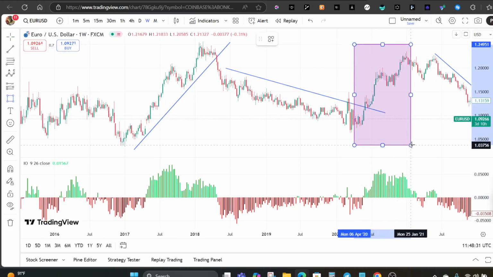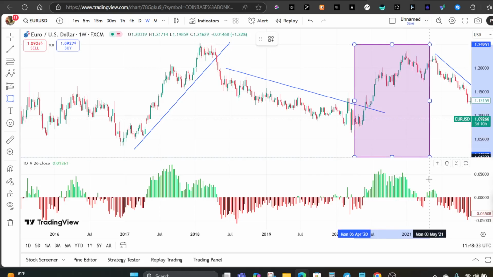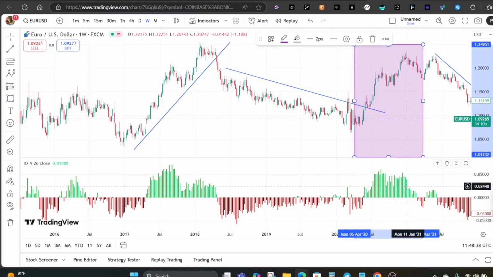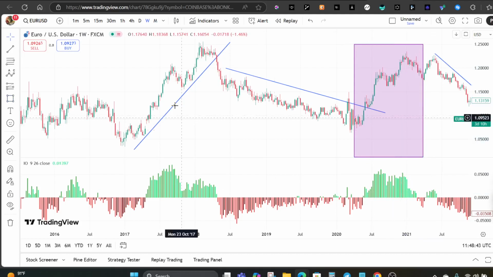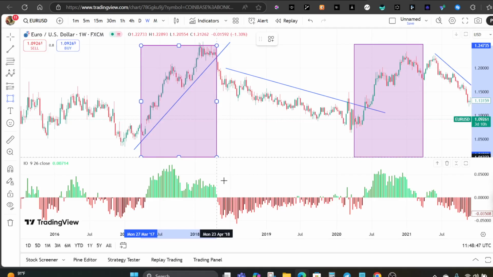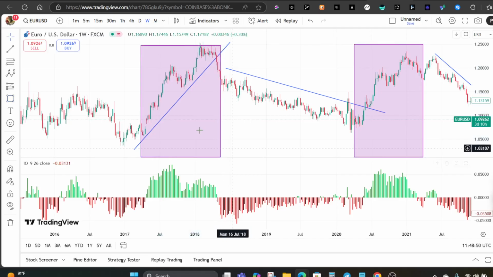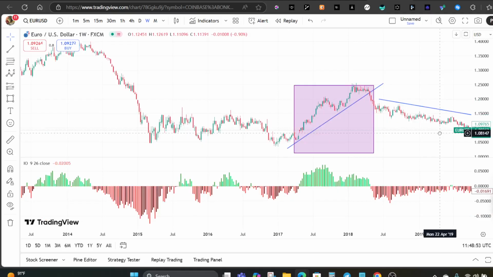We can see while the indicator was green and above the zero level, there was a prevalence of buy moves. We can see again here, while this indicator was above zero, there was a domination of buyers.